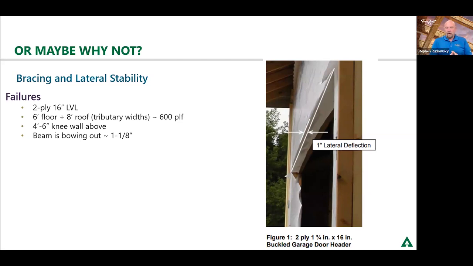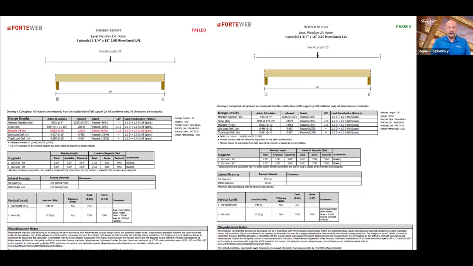But the way to get around this is by literally stabilizing the top of the beam to allow you to distribute the weight correctly. And one of the ways that we can look at this is through Forte Web software that somebody brought up earlier. And what I have here is 2 different applications for that. We're looking at a 3-piece microlam here on the right.